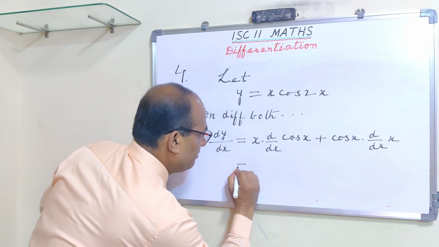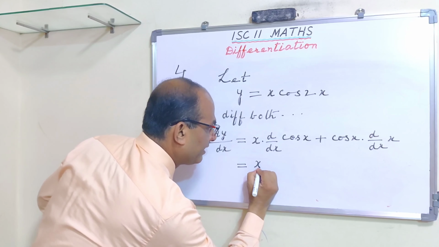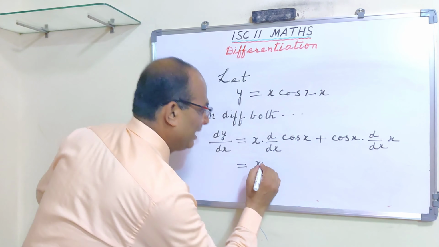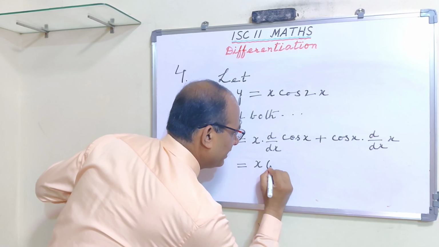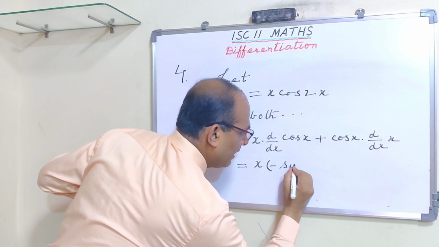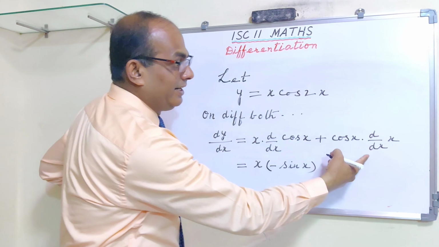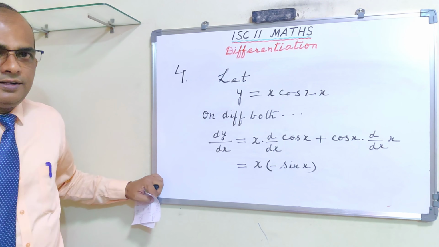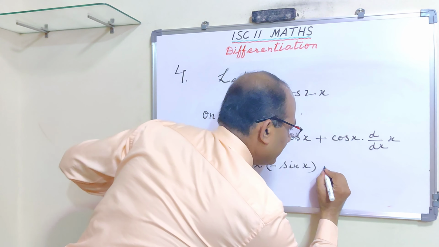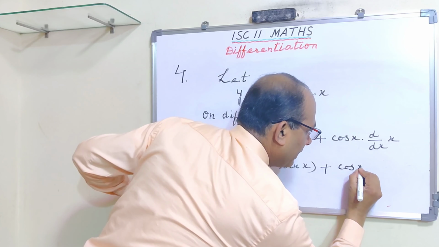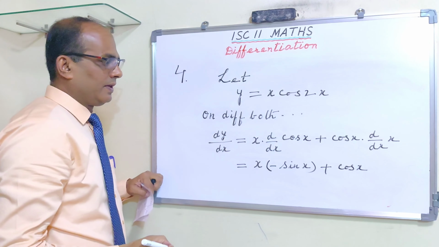Now this is equal to x, and d dx of cos x is minus sin x, so minus sin x. d dx of x is 1, so plus cos x.